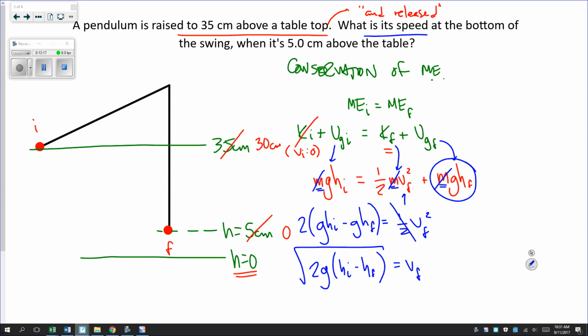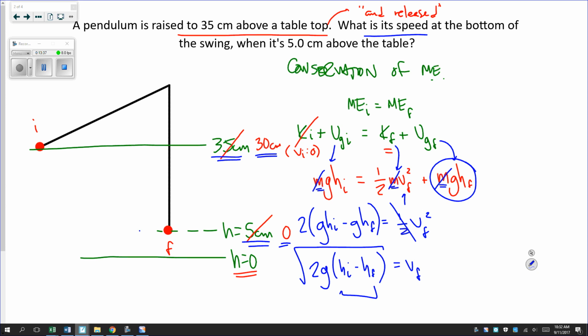All right, now here's what's interesting. Watch. We can either do 35 minus 5, that gives us 30, or we can do 30 minus 0, that gives us 30 also. So the point there is it doesn't matter where you call 0, and you can adjust if you feel like it.